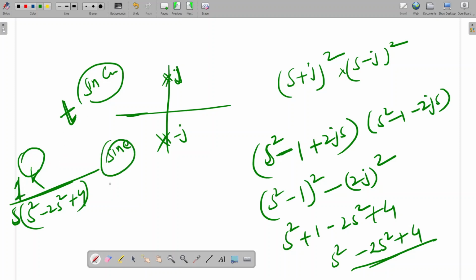If only sine and cos come, it will be marginally stable. If t multiplication comes, like t sine t, it will be unstable. Is it clear? You can do this inverse Laplace; it will take a little time, so try it by yourself.